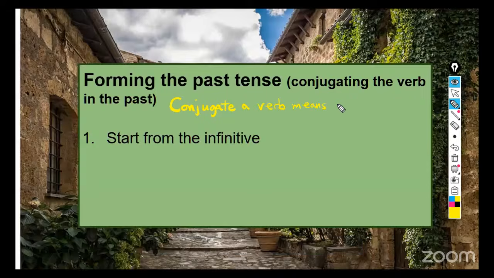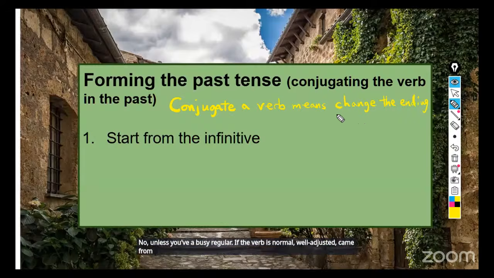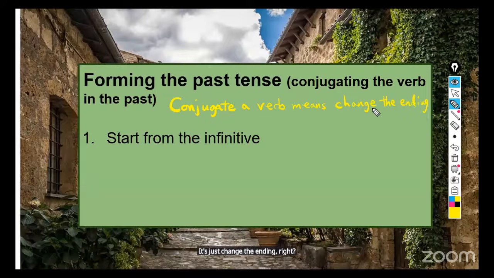change the ending. No, unless the verb is irregular. If the verb is normal, well adjusted, came from a stable home, eats 3 square meals a day, and it's regular, then it's just change the ending, right? And when we change the ending, we will show who is doing the action.